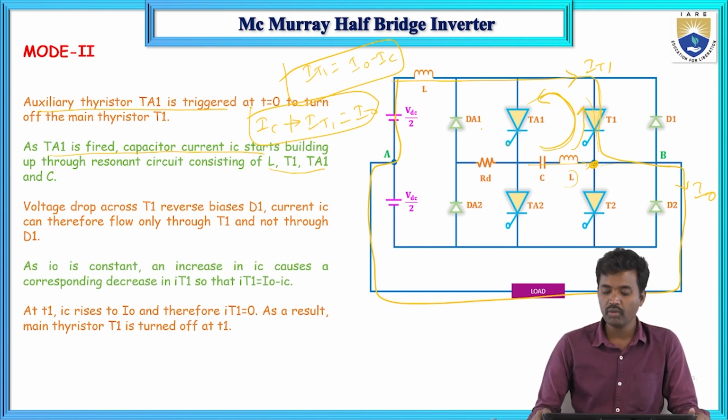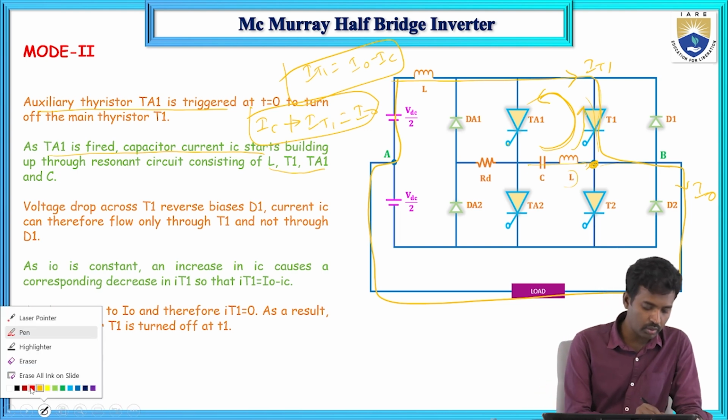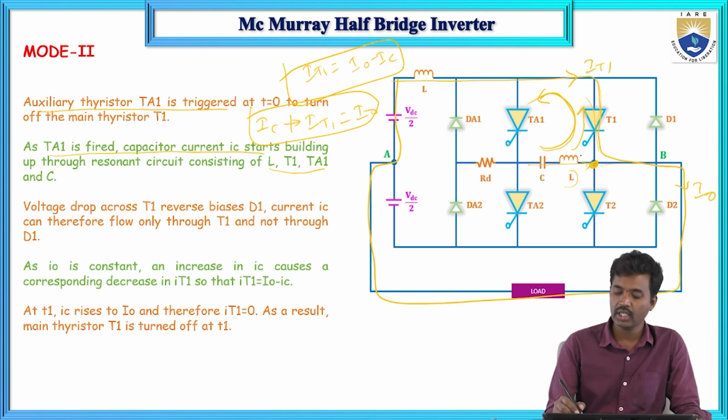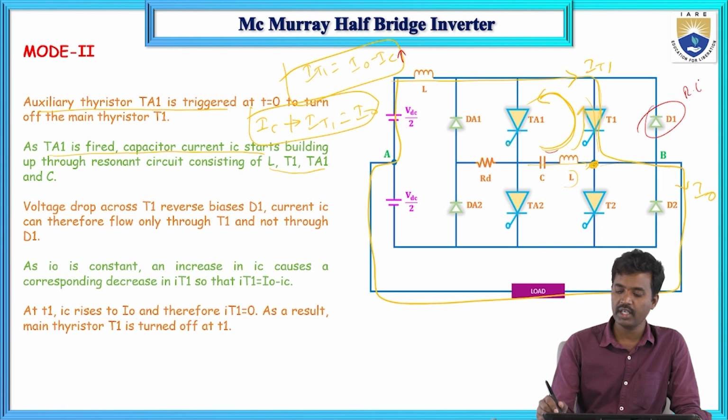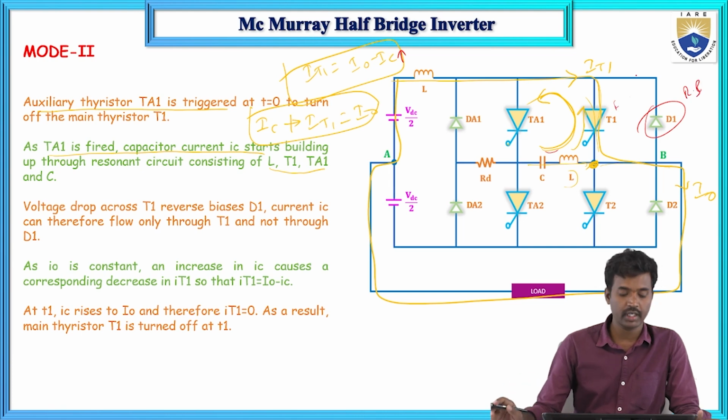Now what will happen? The IC current is increasing, with initial IC equal to 0. Let me change the color to red. When IC is increasing, the voltage across T1 is reverse biased. D1 is reverse biased, and T1 is in forward conducting mode.